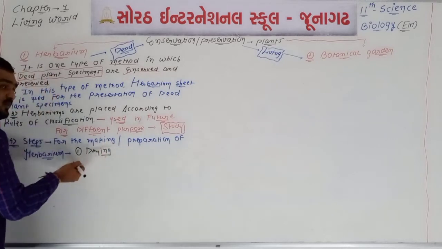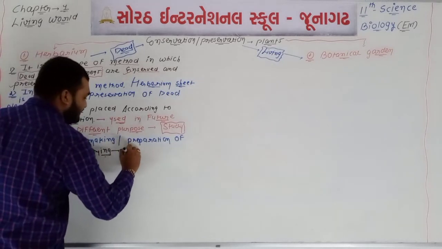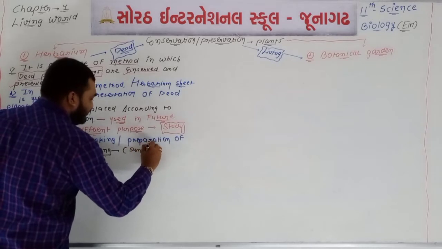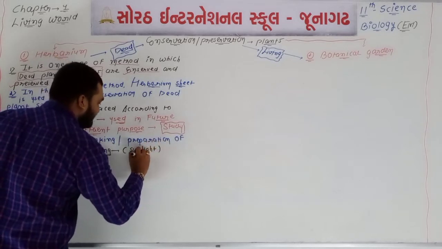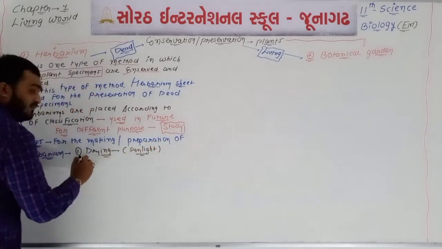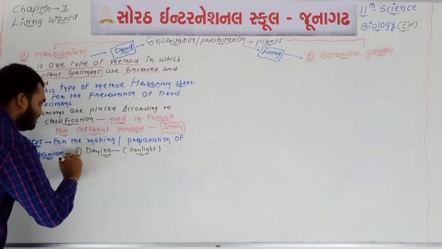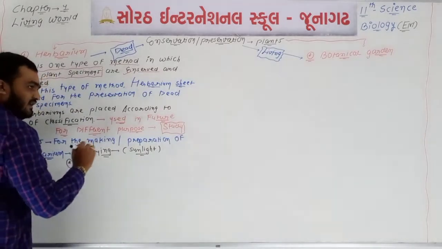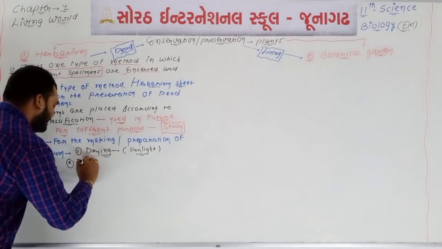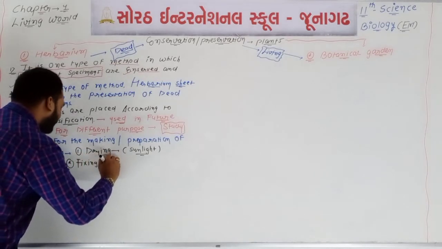You are not going to burn it, but you will use the sunlight. So drying is possible in the presence of sunlight. Then the second one is fixing or placing.